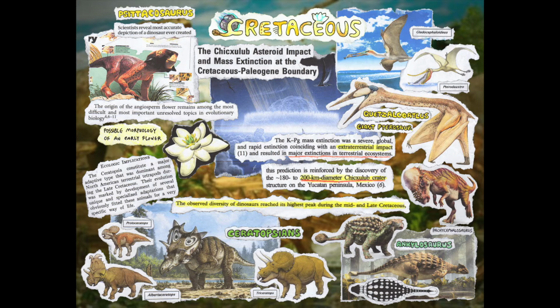But in the Cretaceous leading up to that, there was a significant specialization of the dinosaurs that diversified during the Jurassic. You see things like ceratopsians, Ankylosaurus, Pachycephalosaurus, a lot of specialized anatomy geared towards very specific ways of life. And then there were also the first known flowering plants.